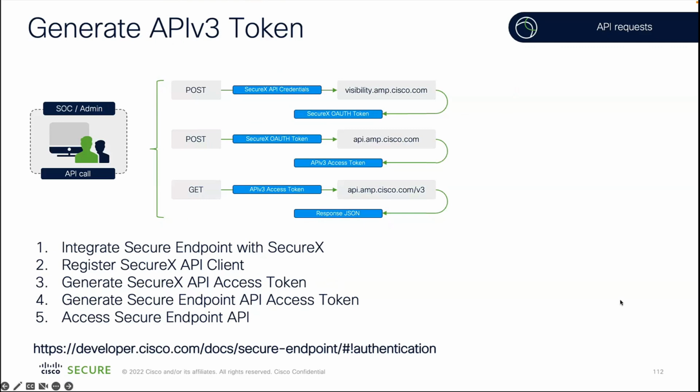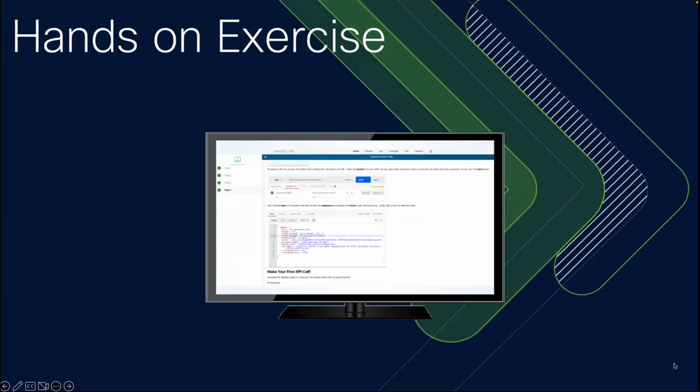It's different from the legacy APIs flow, and the documentation is here to walk students through this if needed. I included these slides just to make sure we have complete information for Cisco Secure Endpoint APIs, but we're not using v3 APIs in any of these labs.